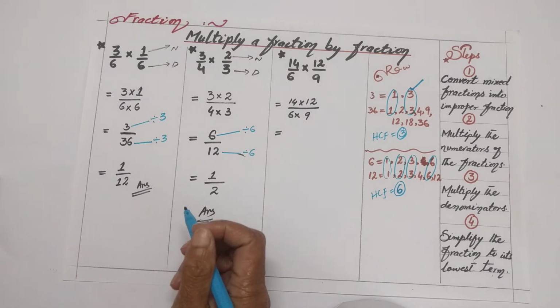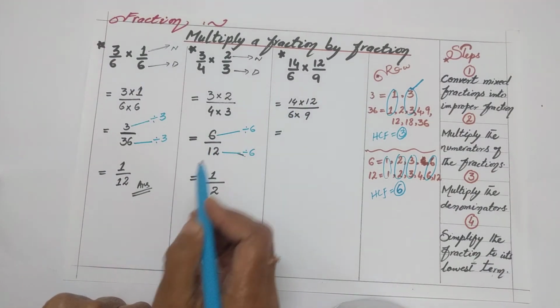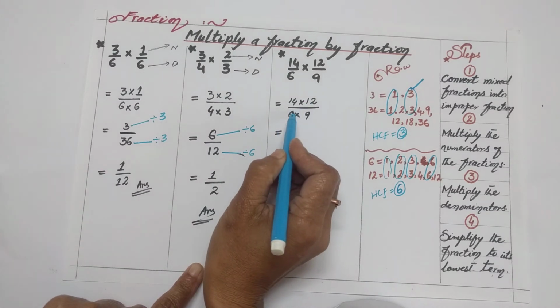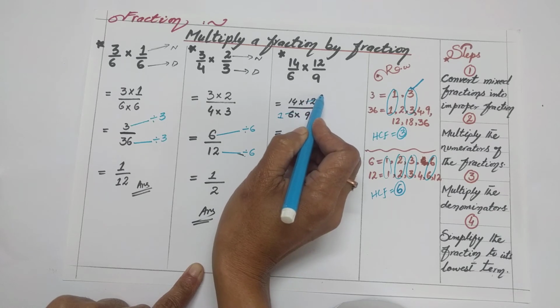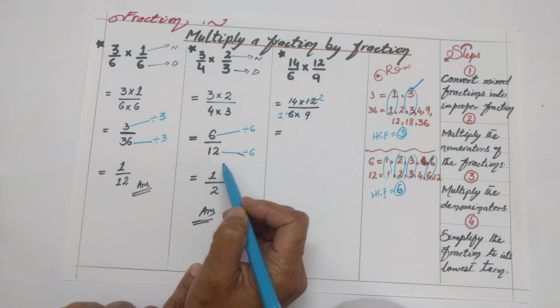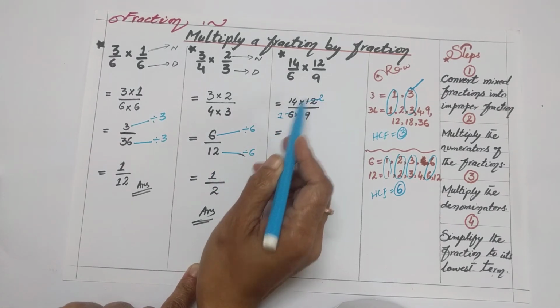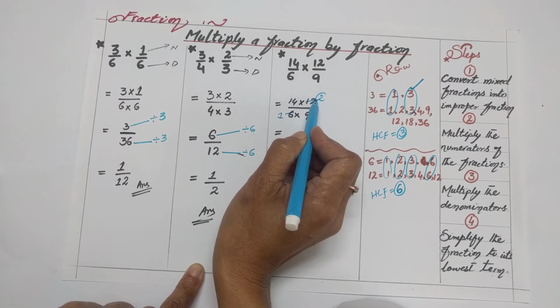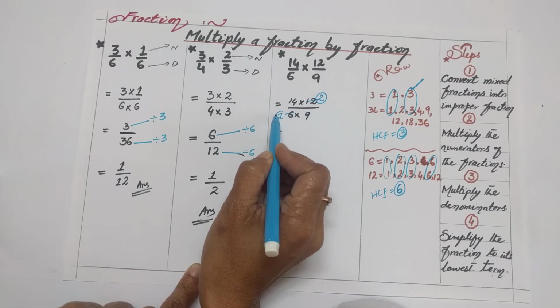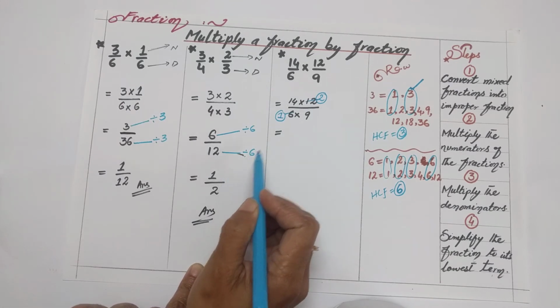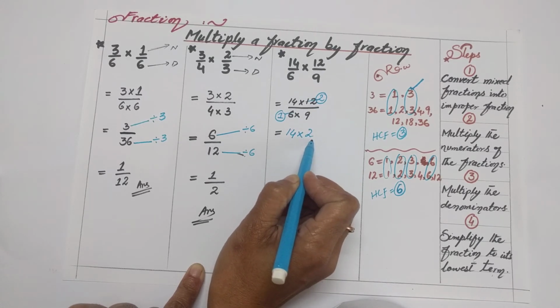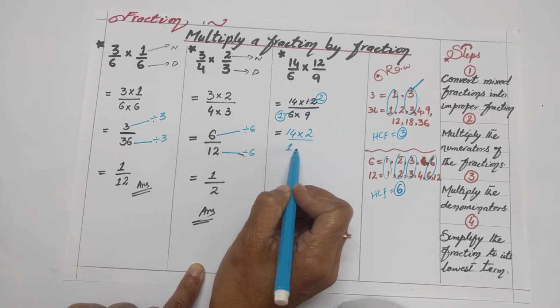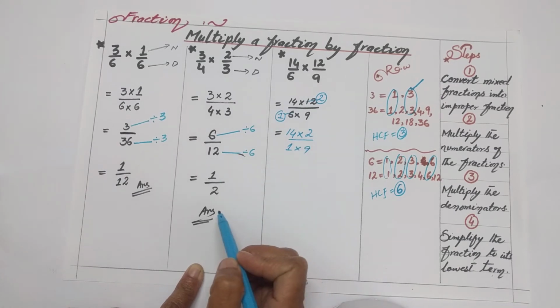Here I am using 6 as the common factor of 6 and 12. 6 ones are 6 and 6 twos are 12. So our new numerator is 1 and our new denominator is 2. So the left numerators are 14 multiplied by 1, and 1 multiplied by 9.